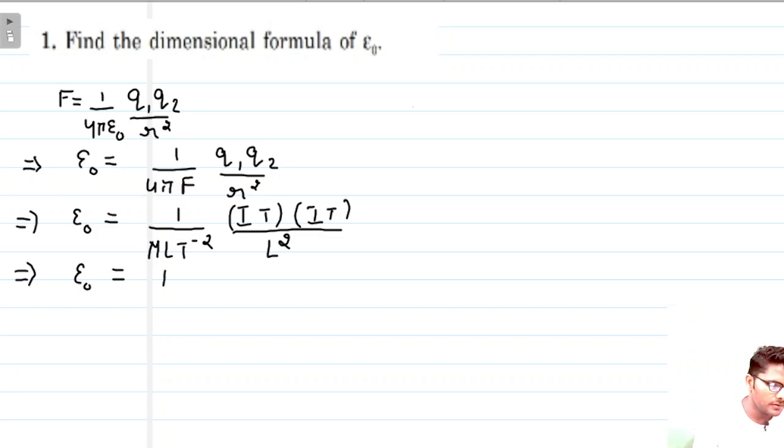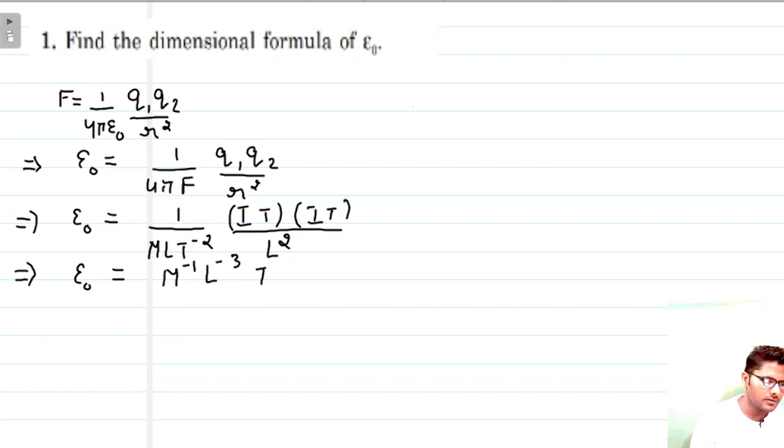So when we solve this, M minus 1, L to the power 1 is here and 2 powers of L are here. So after going above, this will be L raised to the power minus 3, and T raised to the power minus 2 is on the lower side.